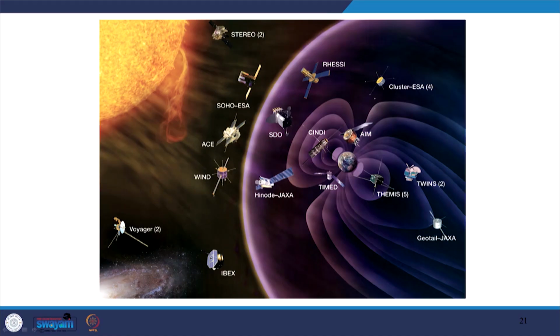If you look at the broad spectrum of the instruments available to us, most of these instruments are within the magnetosphere. That means they are not actually recording anything directly about the solar wind. They are more importantly studying the effects of the solar wind on the magnetosphere.